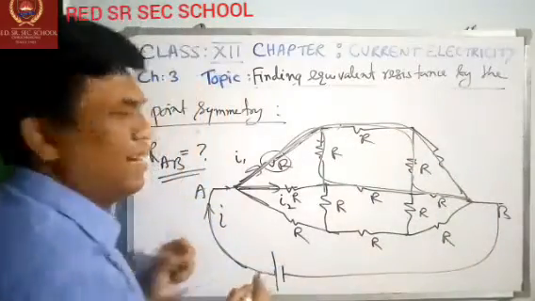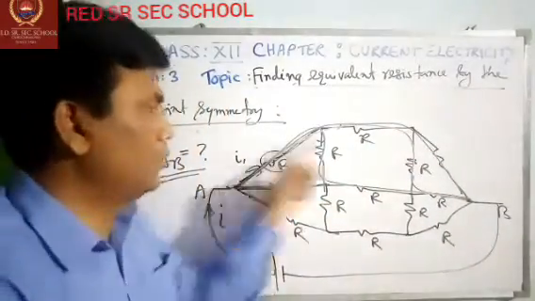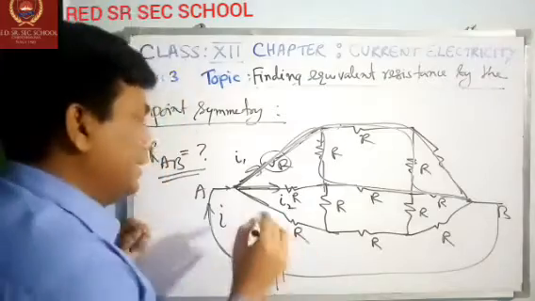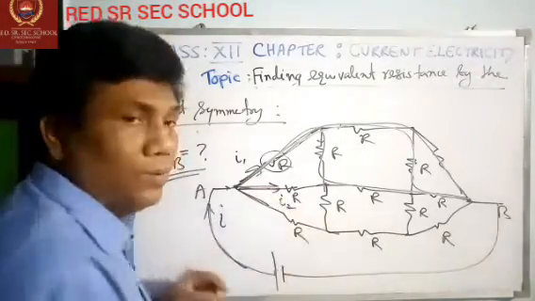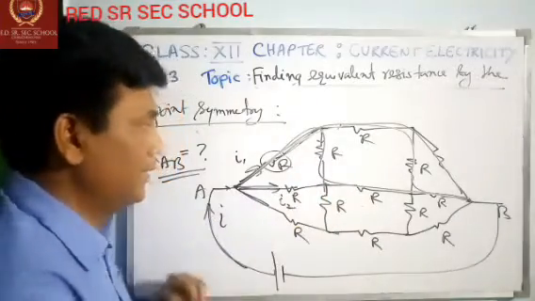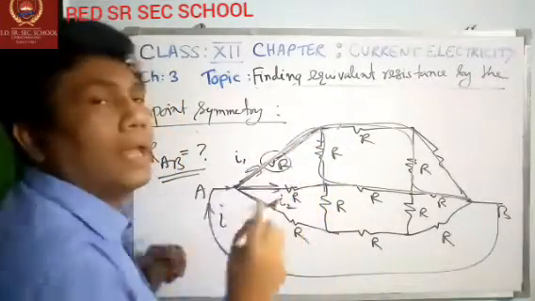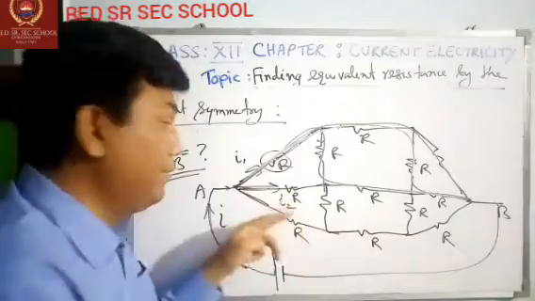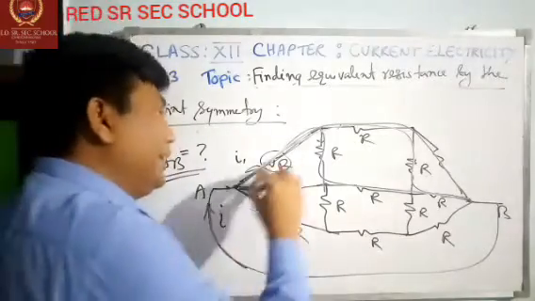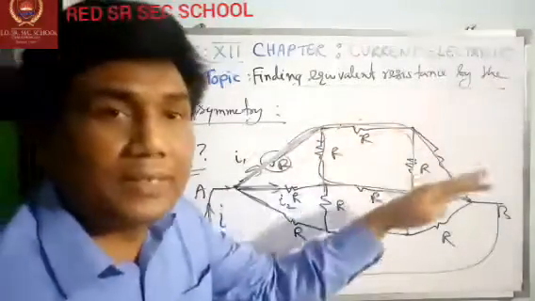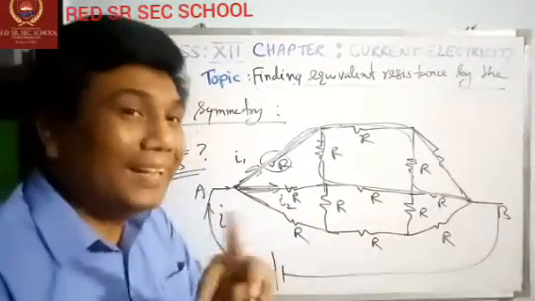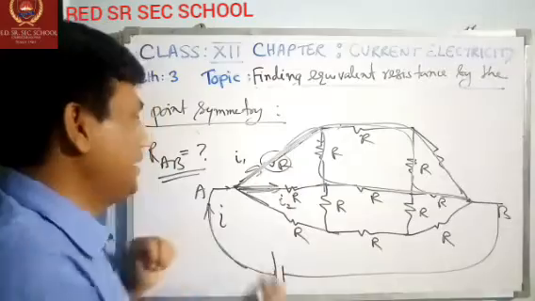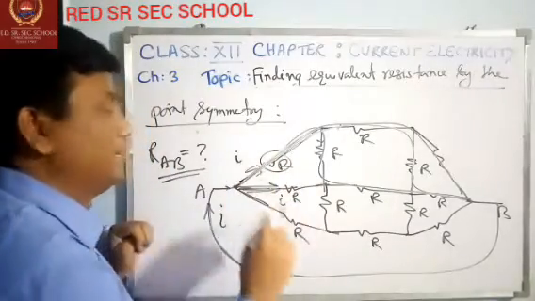There are a lot of paths for I1 to reach B. Exactly that way, the number of paths for I2 is also identical. If it has a total of 8 paths, it also has 8 paths. If it gets this type of resistance, this I2 also gets a similar type of resistance. It means I1 and I2 will be the same.